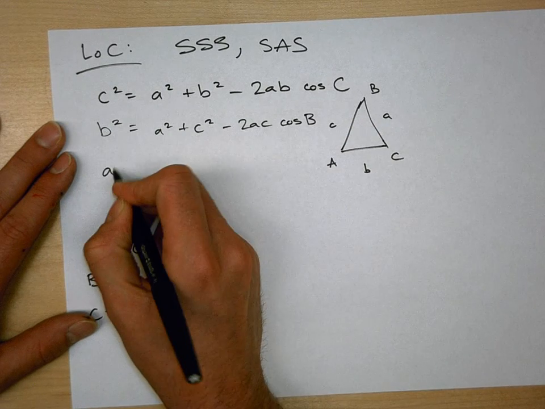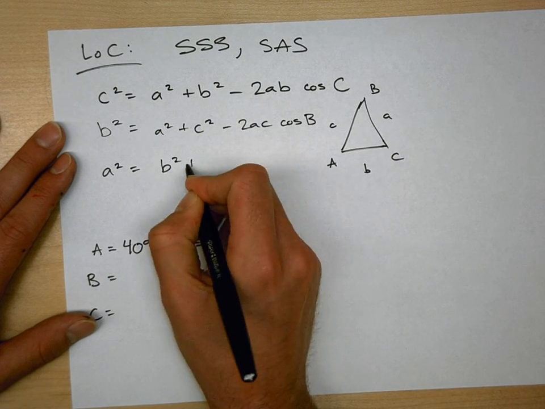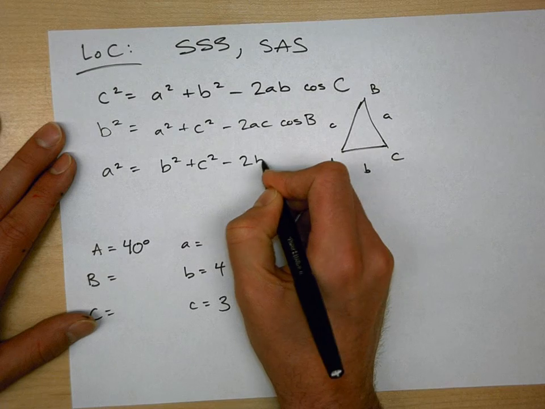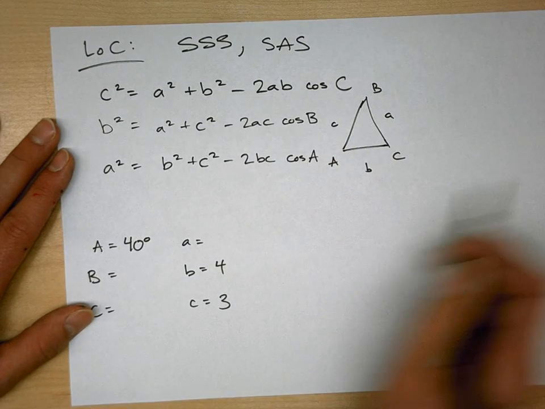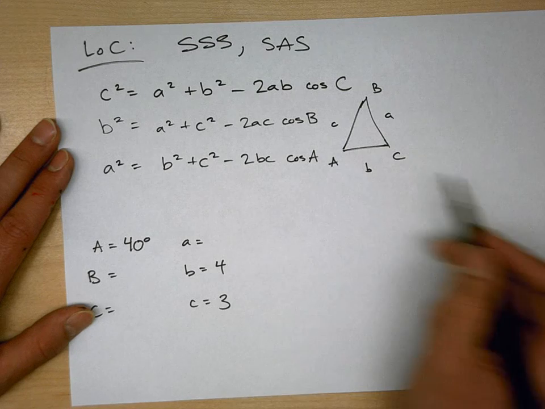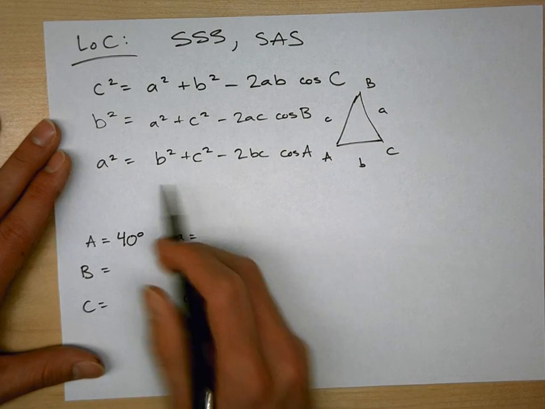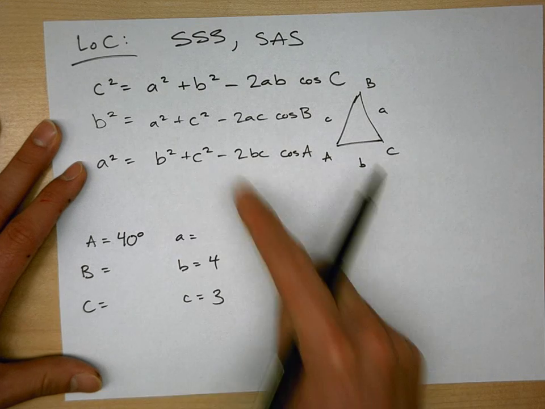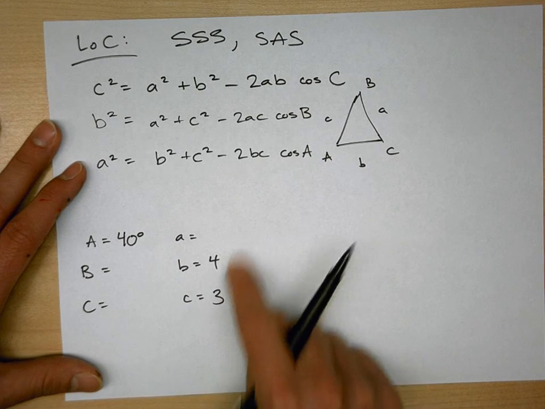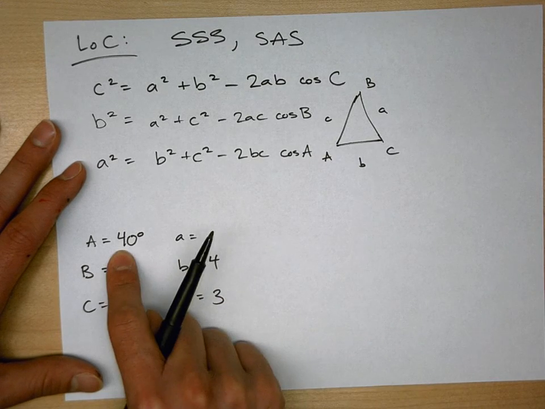And we could also write it as a squared equals b squared plus c squared minus 2bc cosine a. And this last one is the one we're going to use, because it has a squared as our unknown, but it uses b, c, and big A. So that's the one we want.